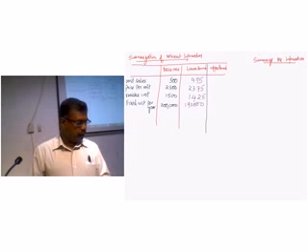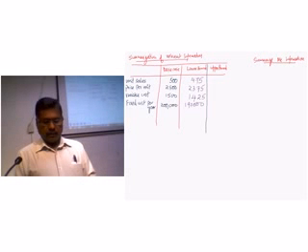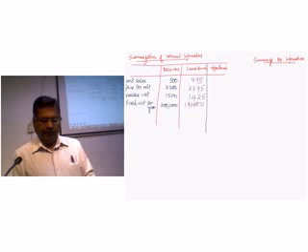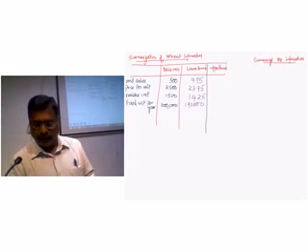Then 5% of 200,000 is equal to 10,000, so 190,000.